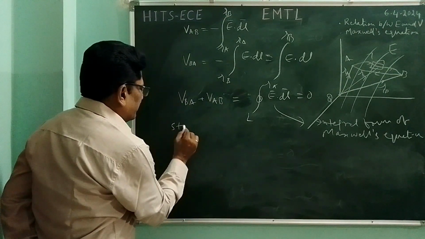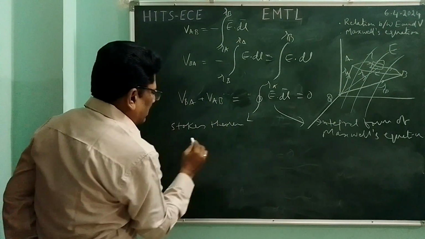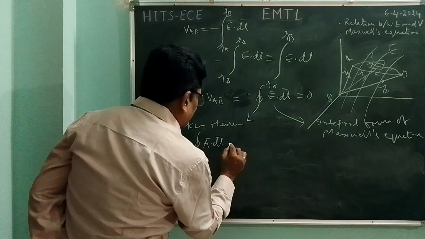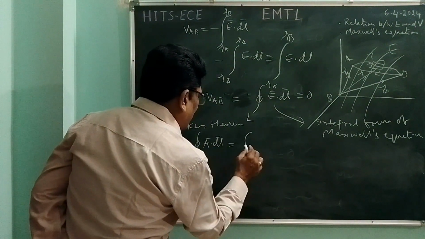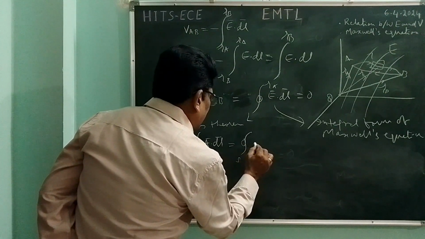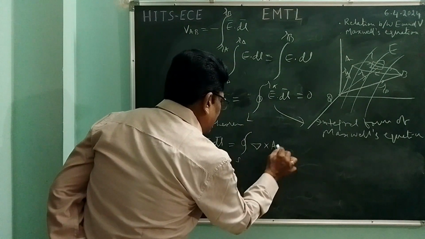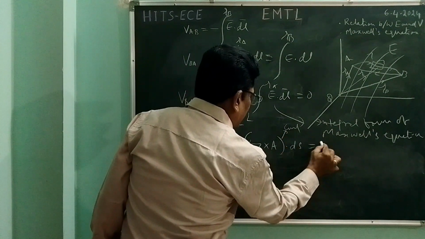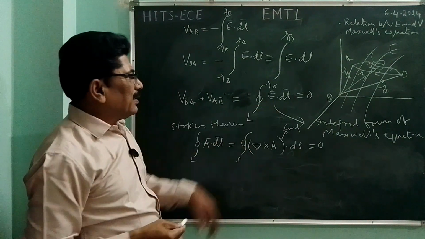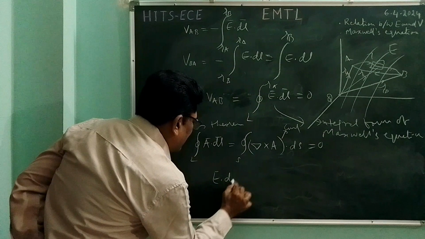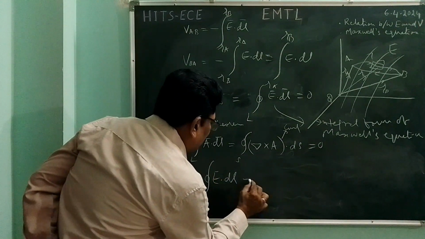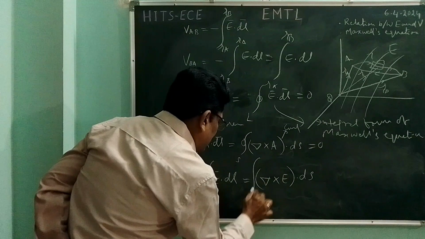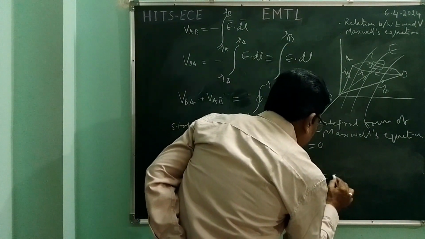According to Stokes' theorem, the line integral of A dot dl, where A is a vector and dl is also a vector, is equal to the surface integral of del cross A, this vector product is also called the curl, dotted with ds. Applying Stokes' theorem to this integral, we get the line integral of E dot dl equal to the surface integral of del cross E dot ds, which is equal to 0.